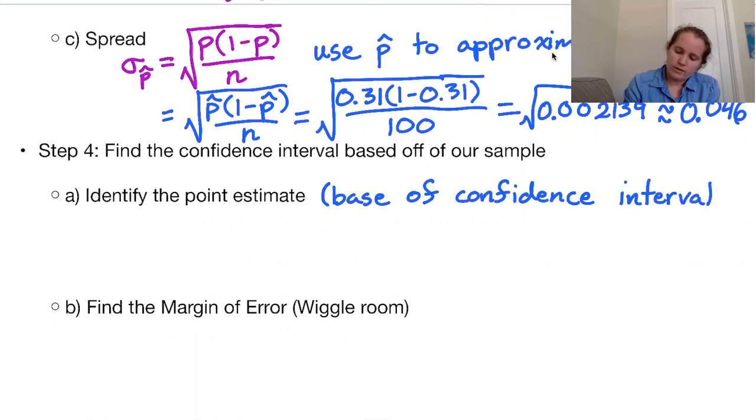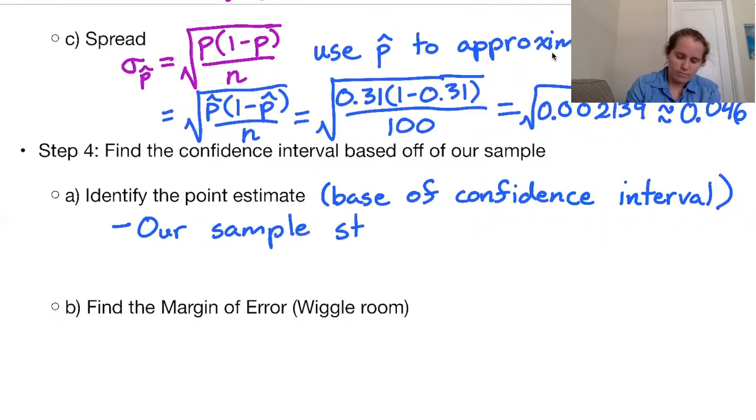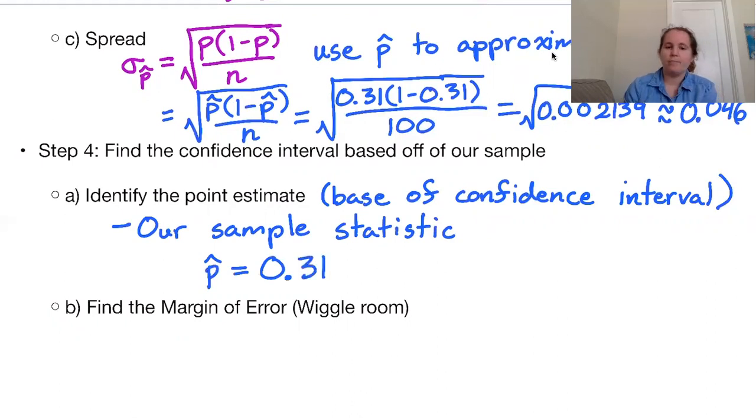And it is just our sample statistic. So we have p hat was equal to 0.31.